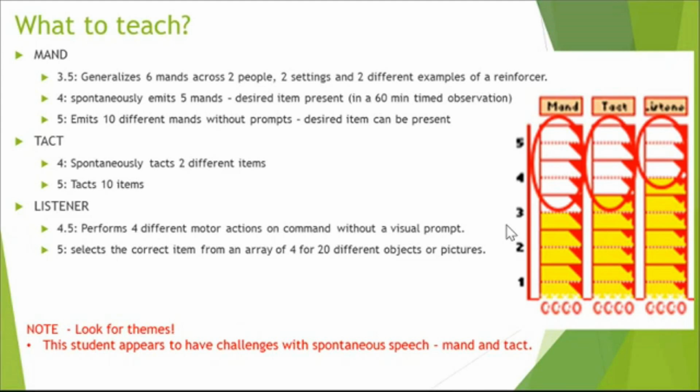They missed number 4 for the tact because they were not spontaneously tacting different items, and they also missed number 4 for the mand because they weren't spontaneously manding. So again, this indicates that spontaneous vocal speech might be an issue here.